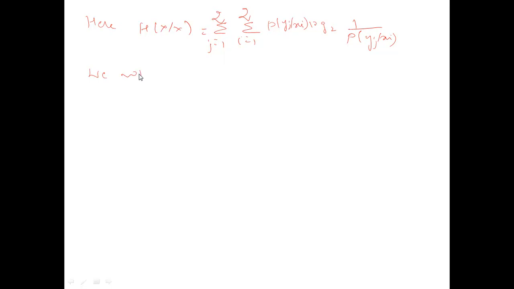So let me write it here. We note that every row has the same set of elements, so we can take i commonly.